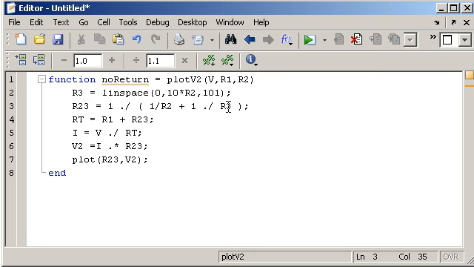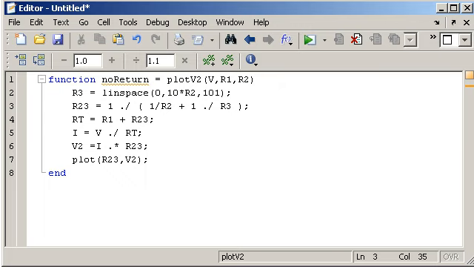As R3 gets bigger, this whole combination gets smaller, so the reciprocal of it gets bigger. So R23 gets bigger as R3 gets bigger, and therefore RT gets bigger as R23 gets bigger, and so I gets smaller, and then we're multiplying it times something that got bigger, so it's kind of hard to say exactly what's going to go on there.